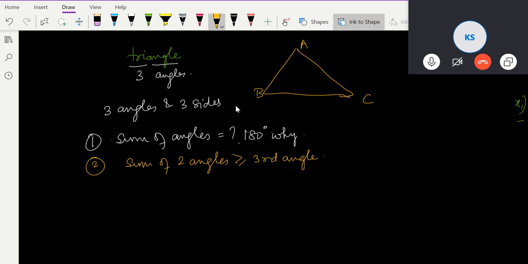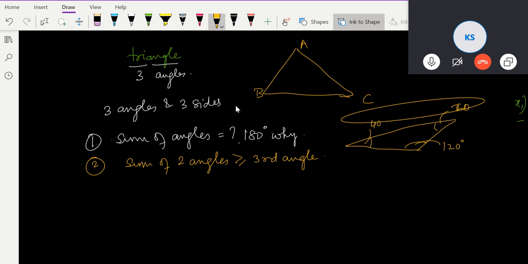Is it true? No, it is not. I have a triangle like this. This is 120. The sum of these two is 60. So is the sum of these two greater than the third angle?